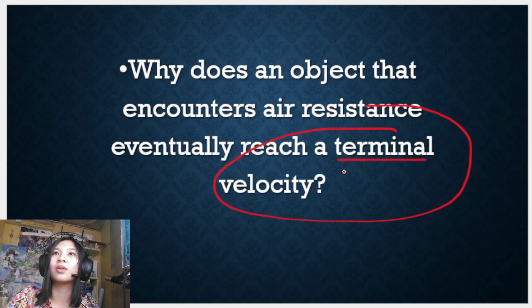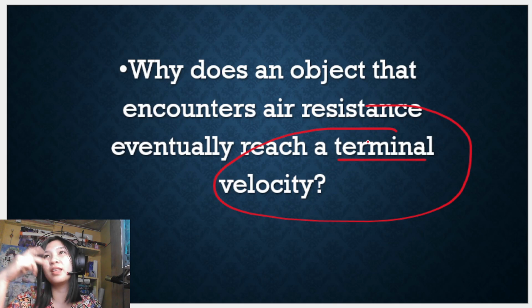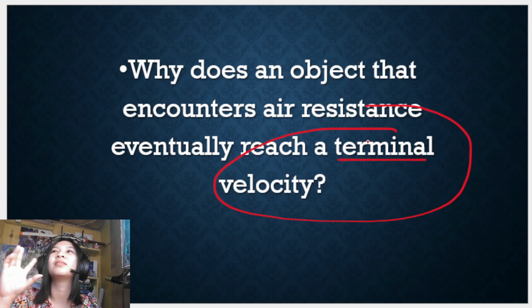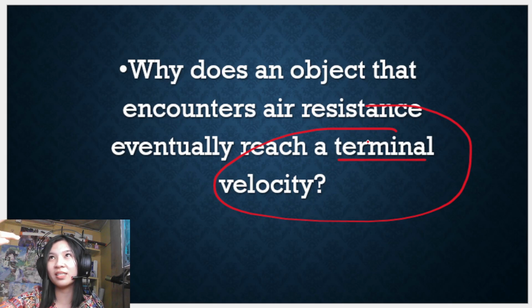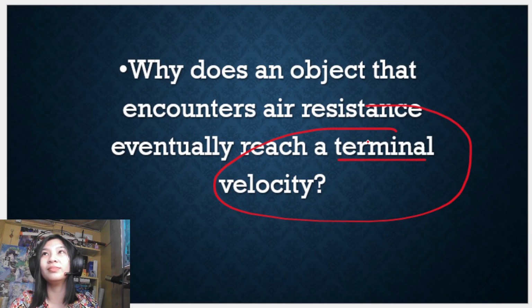Okay? So, terminal velocity is actually the velocity that the object reached before magbalance ang iyahang air resistance na force o ang iyahang gravitational force. What does it mean, ma'am? Before magbalance iyang forces. Okay?